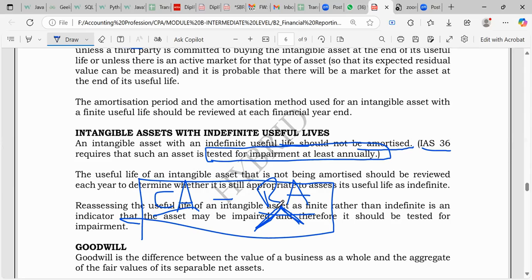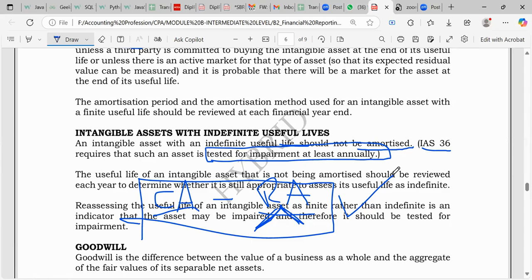And so, to measure whether there's an impairment or not, we first check whether there are conditions for impairment. Until you have observed the conditions for impairment, you don't do this. That's the reality.